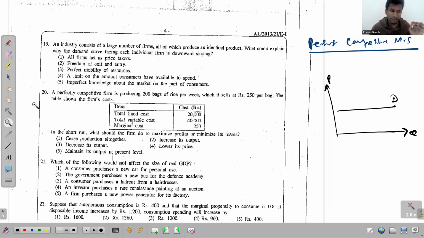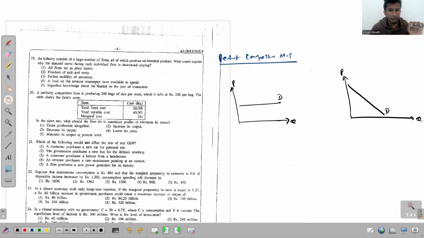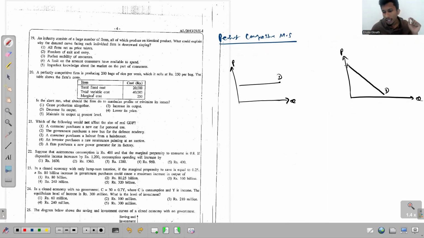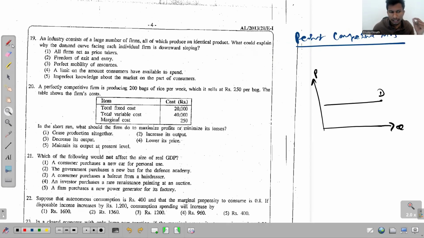If this firm is not operating in a perfectly competitive market structure, they will face this typical demand curve. Four of the given options will describe the features of a perfectly competitive market structure. You just need to recognize that.